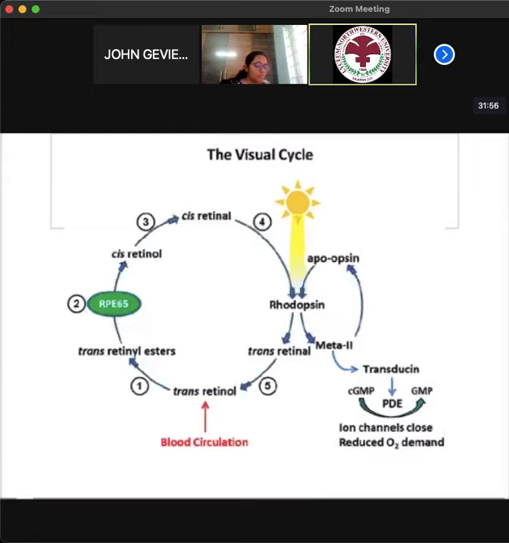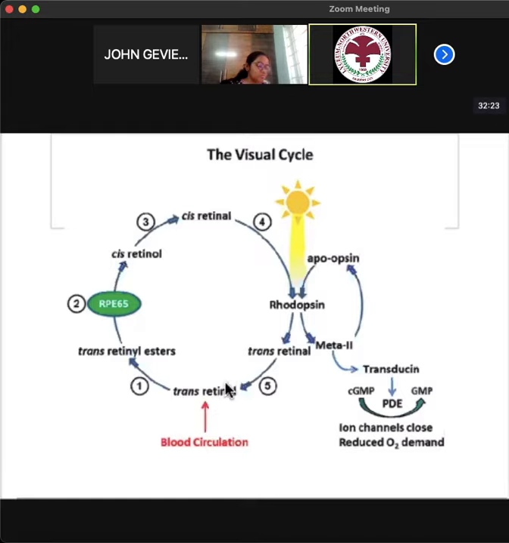So let's review the visual cycle, or the processing of vitamin A. We know that vitamin A is important in the visual cycle. First, the enzymatic processing within the visual cycle begins with delivery of vitamin A as all-trans retinol from the blood circulation.